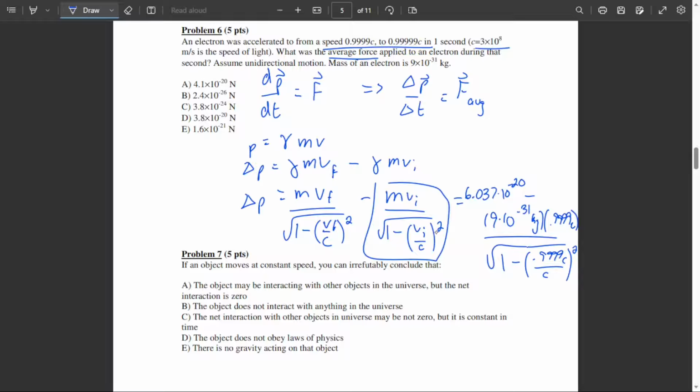And this gives us 1.909 times 10 to the minus 20. So then our final answer is somewhere around 4.1 times 10 to the minus 20 newtons.